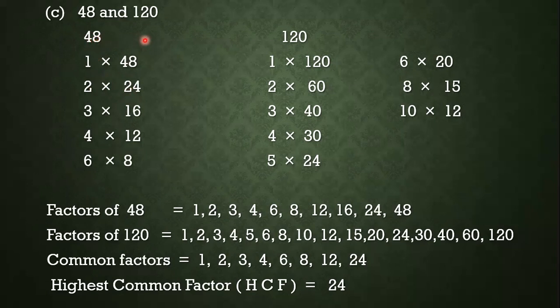And children, remember, when you divide a number by another number, if the remainder is 0, then only it will become a factor. If we get any number other than 0 as the remainder, then it will not be a factor. And we can completely divide 48 by 2, so 2 will be a factor.